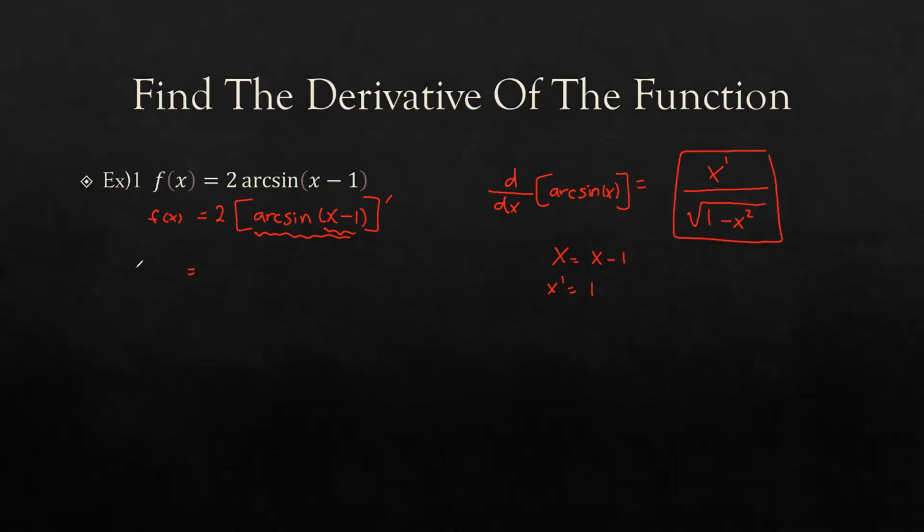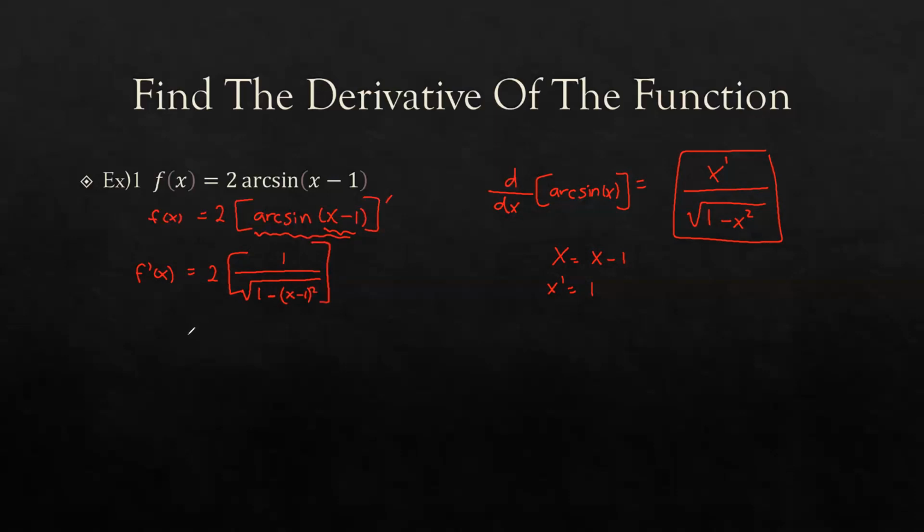So f prime of x equals 2 times the derivative of this, which is x prime over the square root of 1 minus x squared. So we said that x prime is 1, over the square root of 1 minus parentheses, what is my x value? (x minus 1) squared.